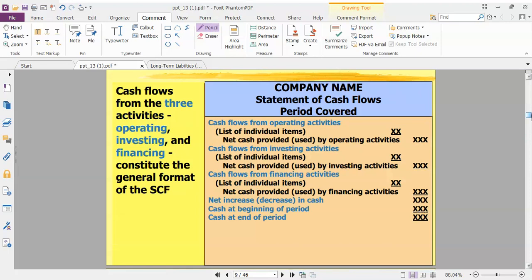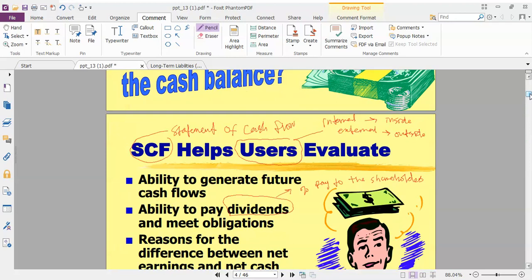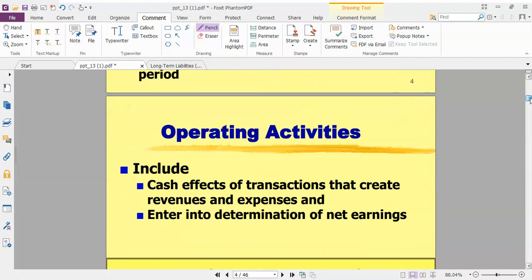Okay, let's continue, class. So let's look at the operating activities. What is the amount that we must consider under operating activities?